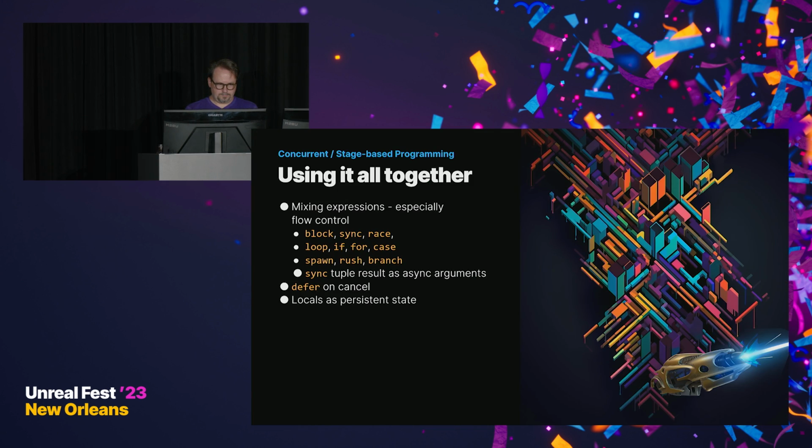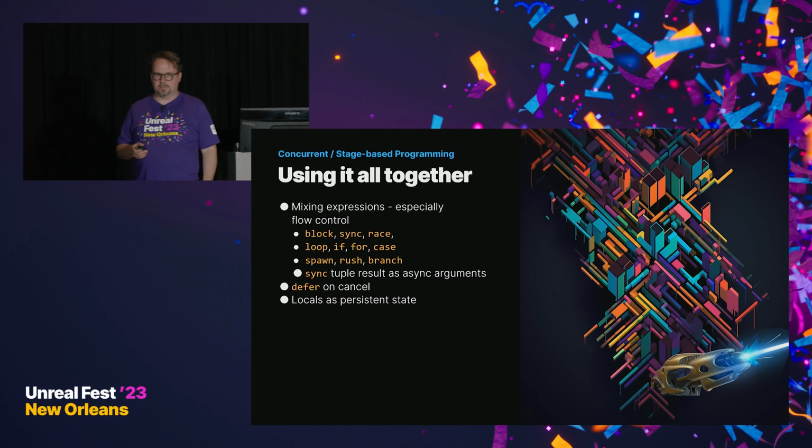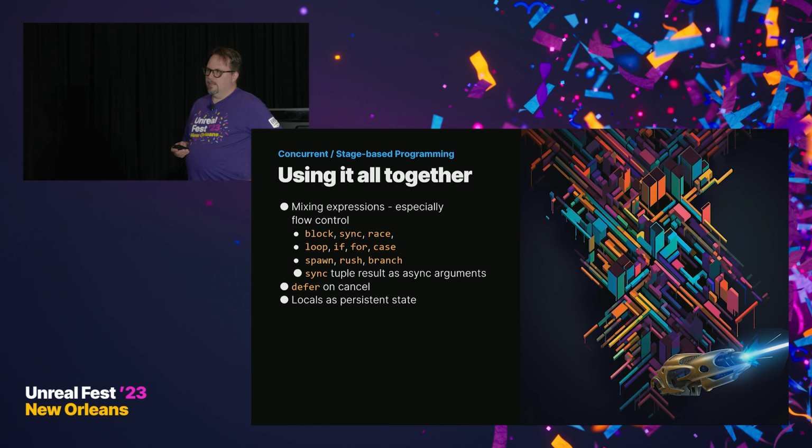So I don't have an example of this, but when you create a local variable within an async function, all the other concurrency calls in the function are in that scope, just like with if-thens and loops and things like that. If you make a variable earlier in your scope and you use it in your loop or your if-then or whatever, it's around.